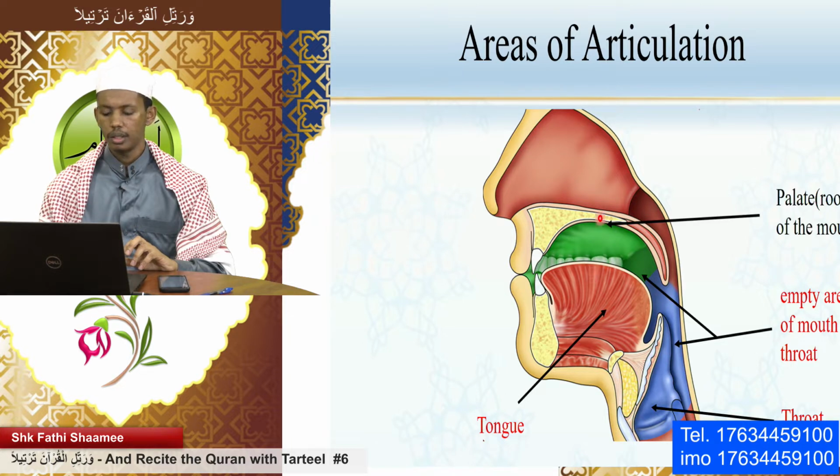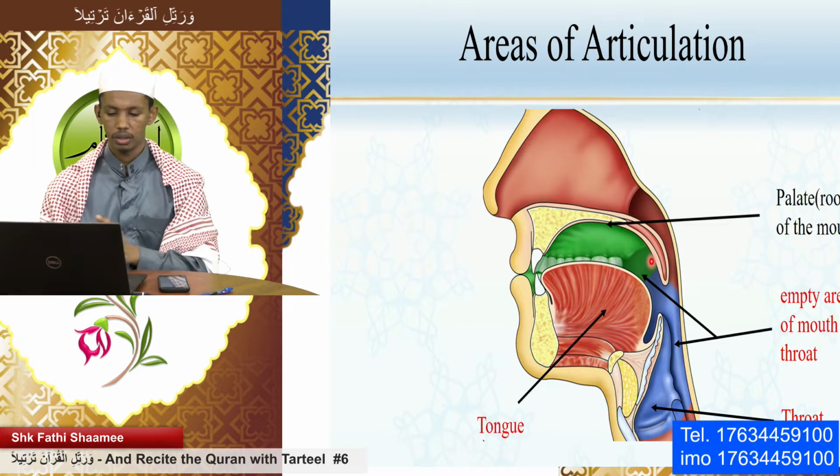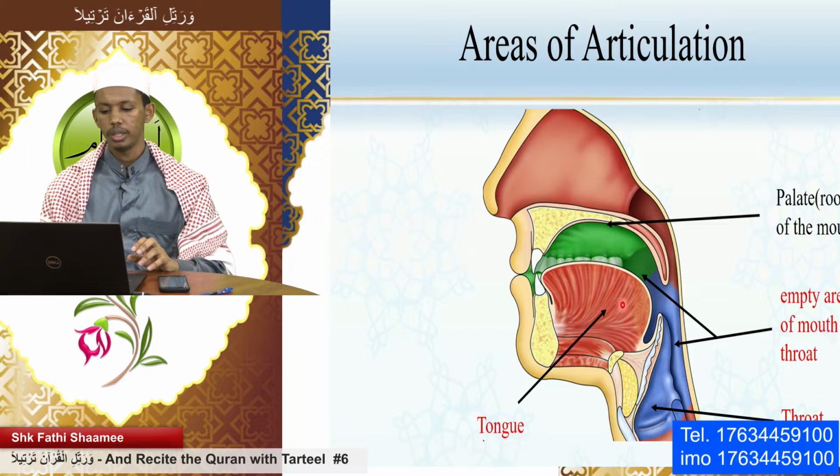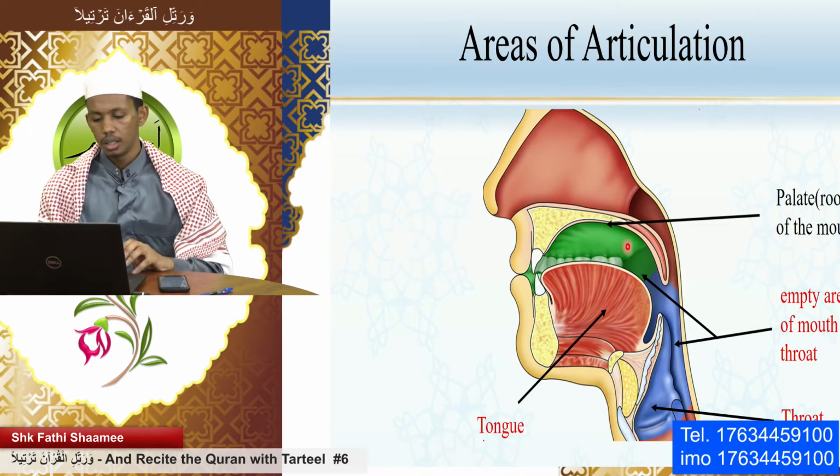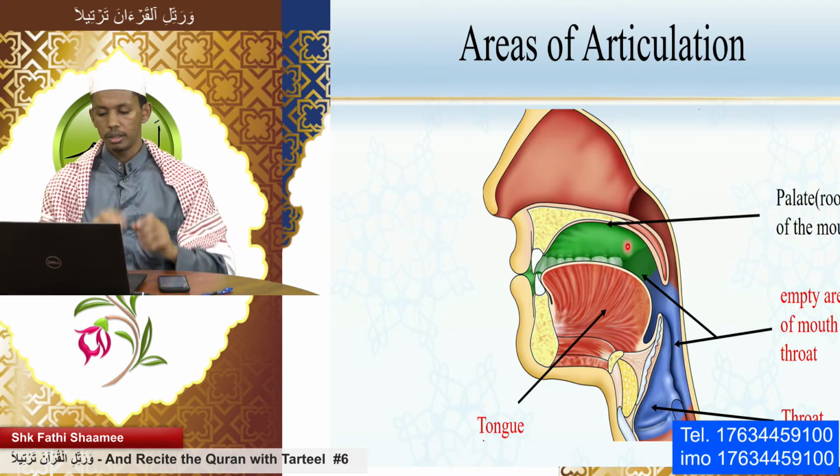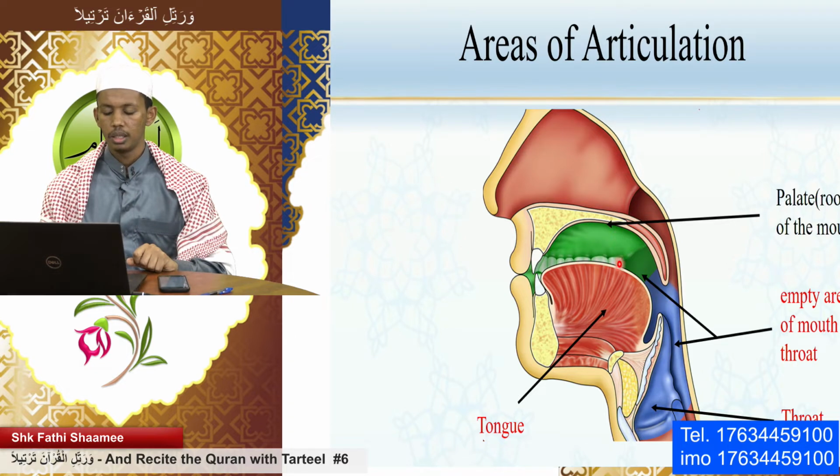And then another area of articulation is the palate, the roof of the mouth. So this place is used with the tongue usually, right? So a portion of the tongue will go up to the palate, and some letter will be produced from that interaction, and we'll talk about that later, bi-idhnillahi ta'ala.